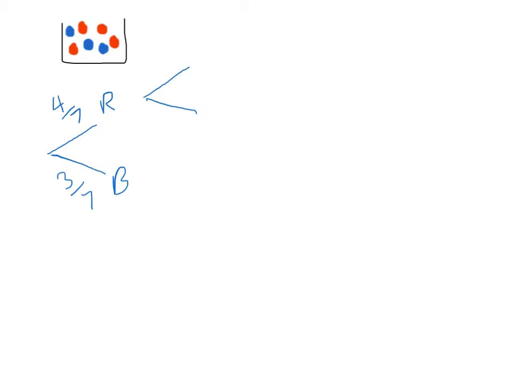So for the red, if a red has been picked out, there are now only 3 reds left. But as you've picked one out, there are now also only 6 left. So the probability of picking out a red after having picked a red out will now be 3/6.